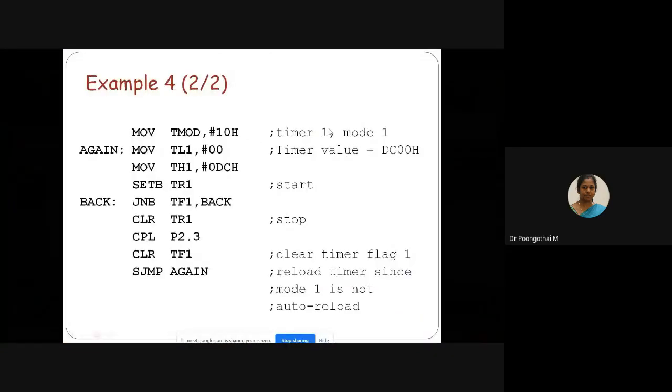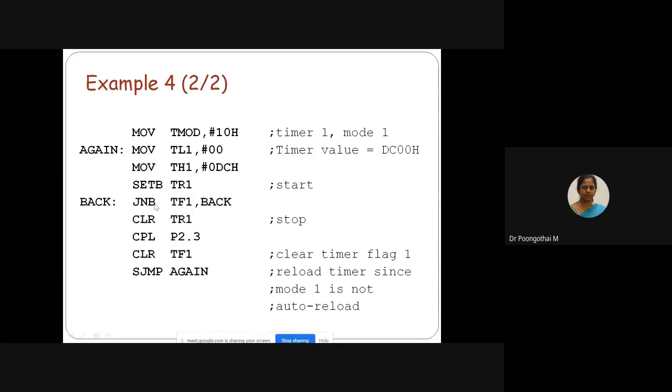First, timer 1 in mode 1. Find out the TMOD value and load it into TMOD. The initial value of the timer is DC00. So load 00 into timer 1 lower order register and DC into the higher order register. Start the timer. You can include complement P2.3 here or after; both are the same.